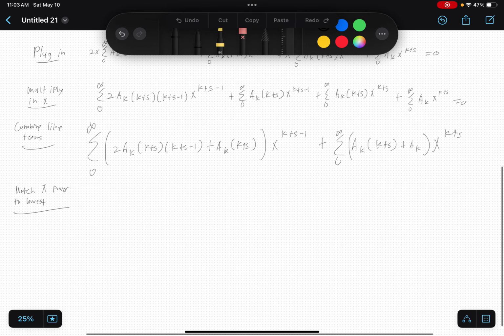So this is k plus s minus 1. This is k plus s. So the lower power is k plus s minus 1. So we have to write this as a k plus s minus 1. So how do we do that? Well, first, this whole first term will stay the same. So let's just rewrite that.